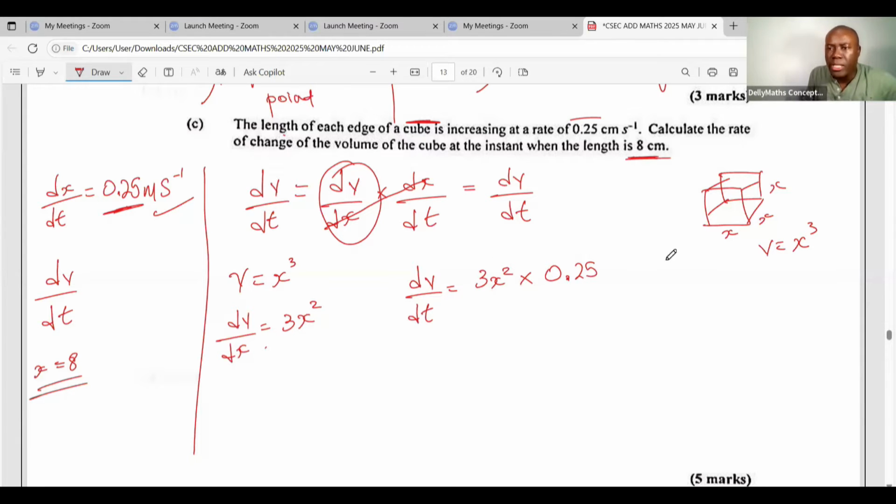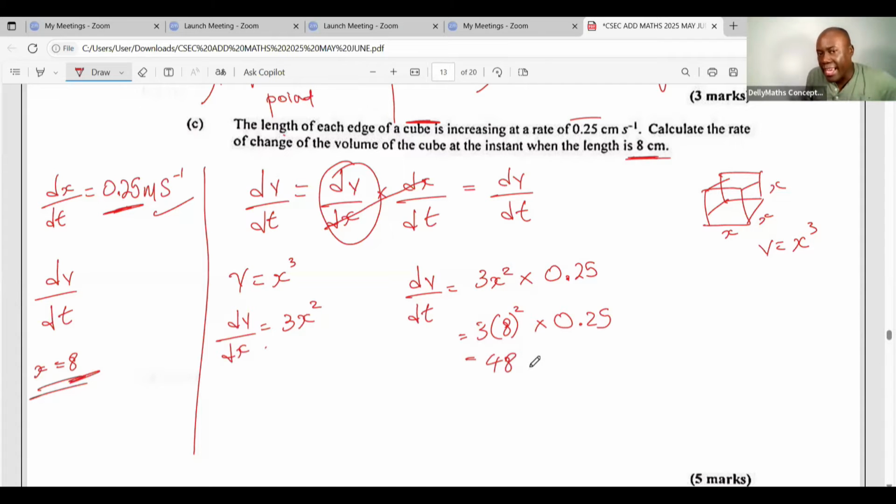But remember, we're doing it when x is equal to 8. So basically, 3 times 8 squared, and you're multiplying that by 0.25. 64 times 3 is 192, divide that by 4, we're getting about 48.